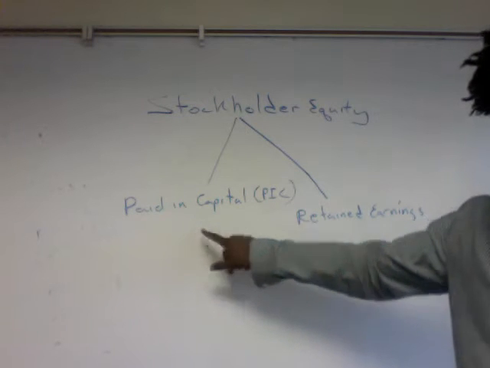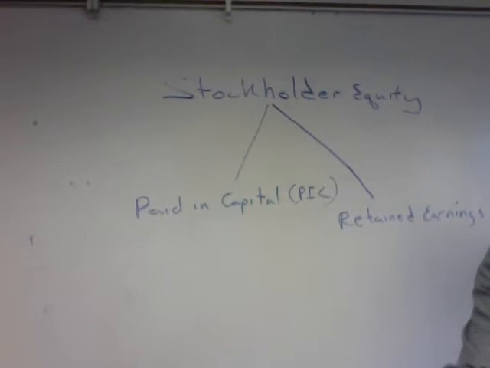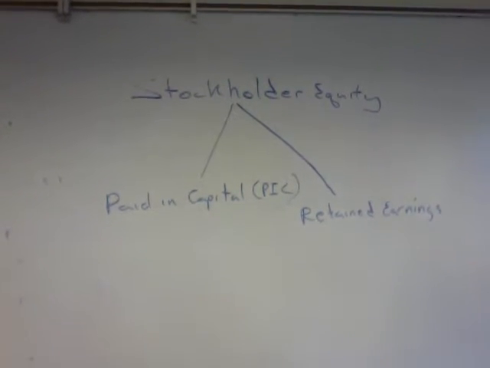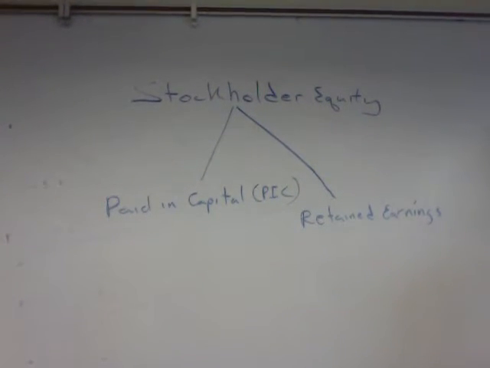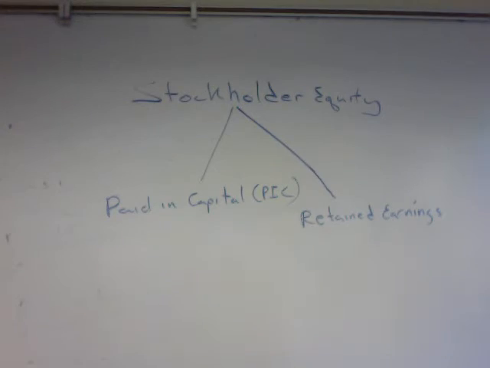Paid in capital, PIC, retained earnings. You guys can see that. Paid in capital, PIC, retained earnings. Okay? So, those are the two parts of stockholders' equity.